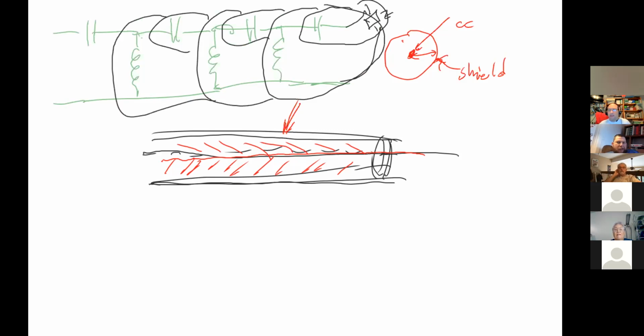That basically means that if this is a certain impedance Z, you also have a characteristic impedance of the cable.